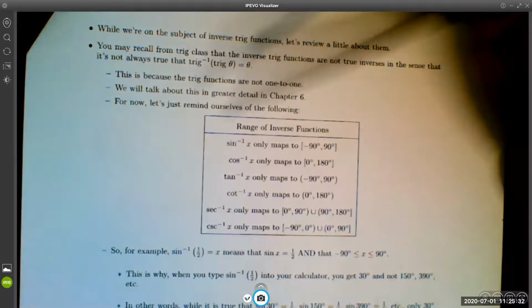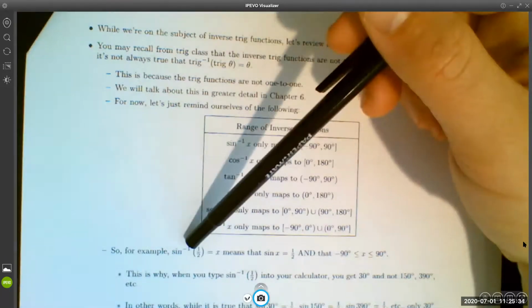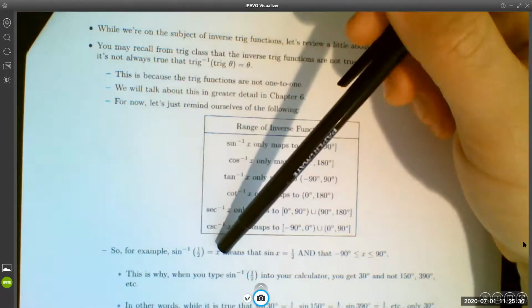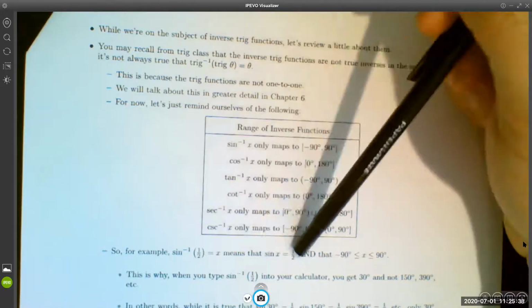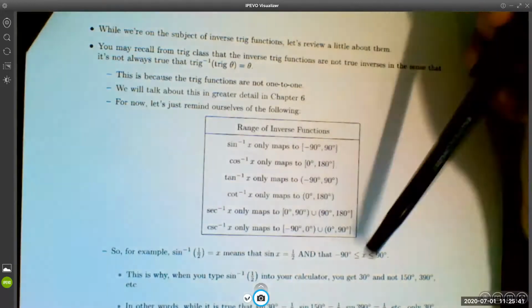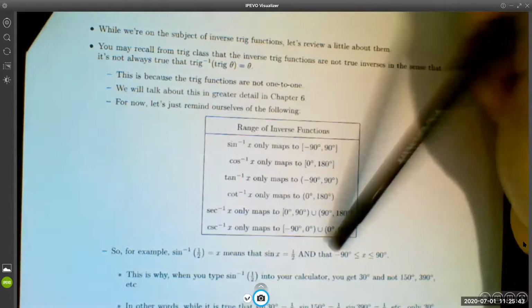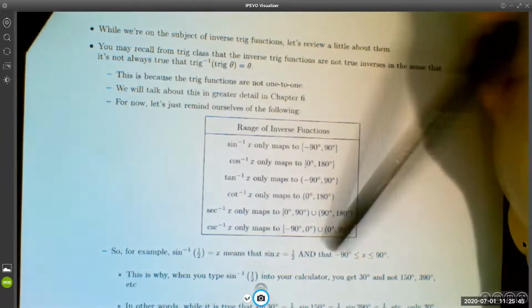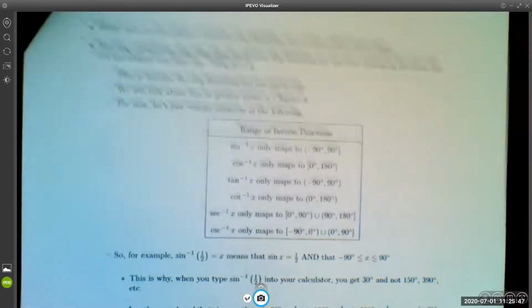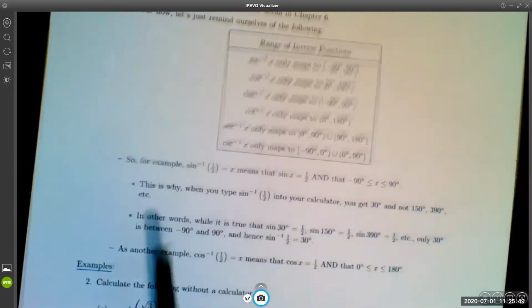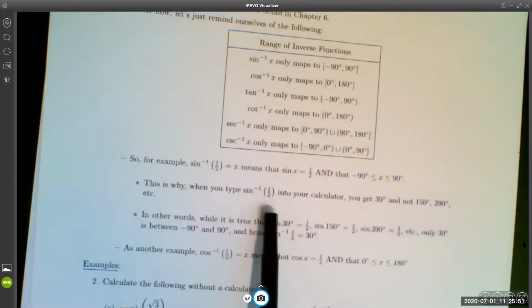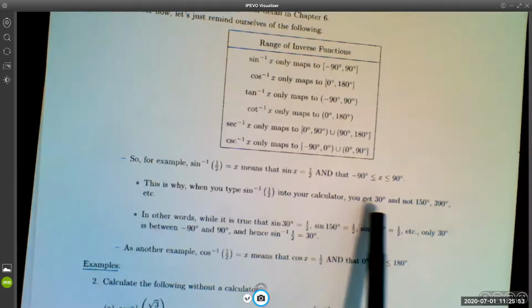So for example, whenever you see sine inverse of 1/2 equals x, what this means is that sine x equals 1/2, and that x is between negative 90 and positive 90. That's important to know, because it explains why when you type in sine inverse of 1/2, you only get 30 degrees into your calculator.